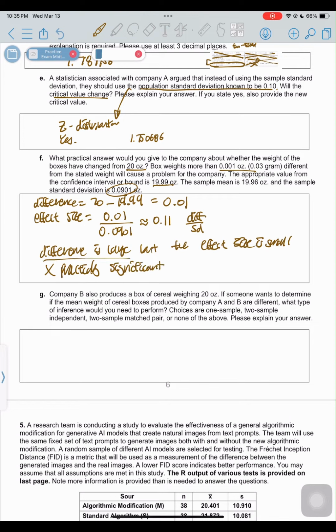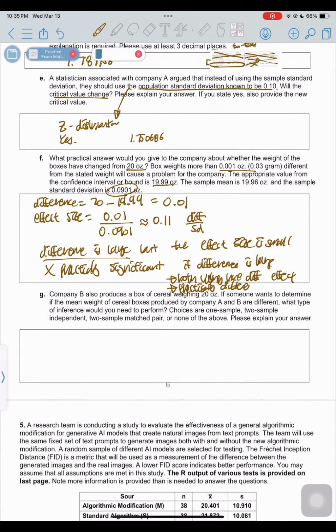Because if the difference is large, both values have a different effect, meaning they're practically different. So this is not particularly important in conclusion. It's not particularly significant for this part.